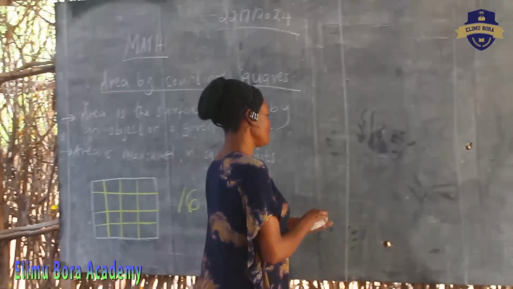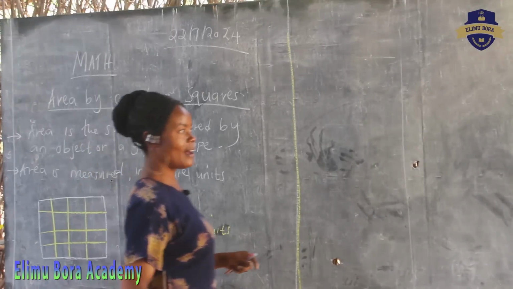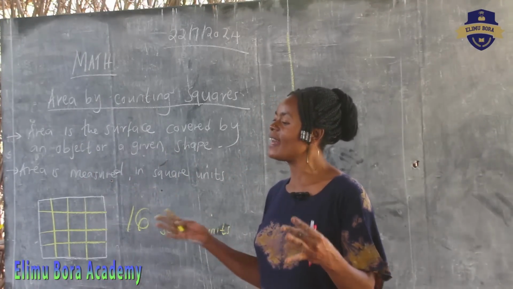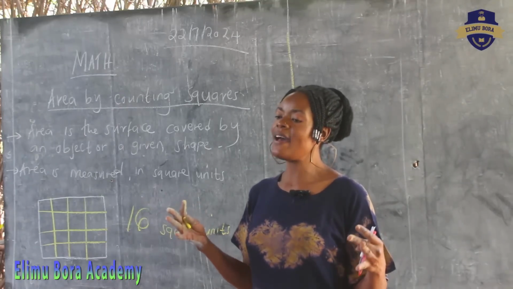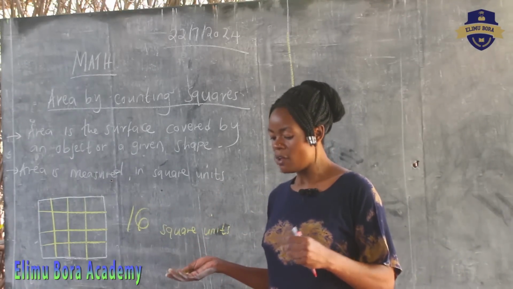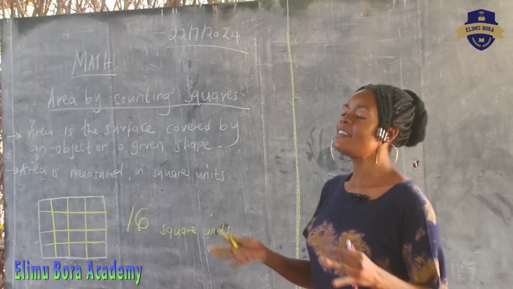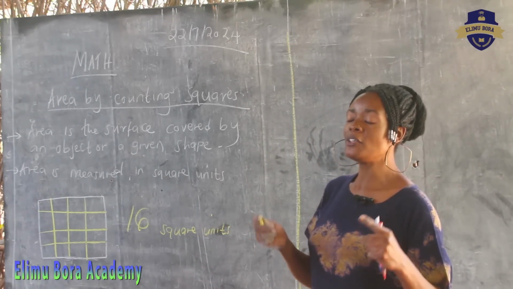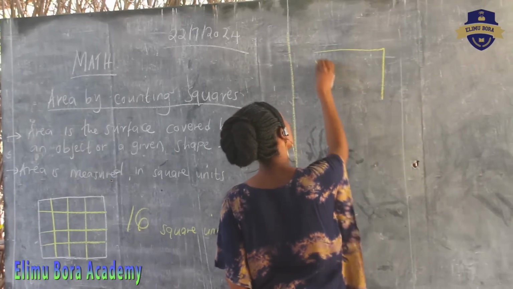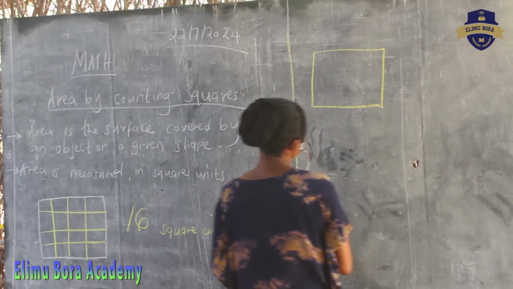Here is another one. We now want to look at the area that has been occupied by the squares, whether it is a smaller or bigger area. So we want to look at the surface occupied. Is it small or bigger? We want to start by looking at the bigger surface area that has been occupied by squares.